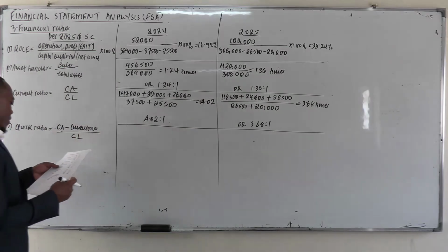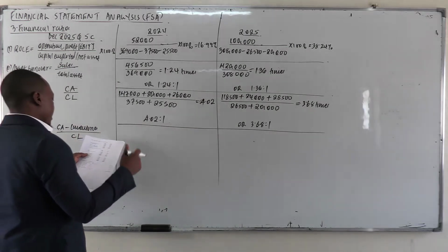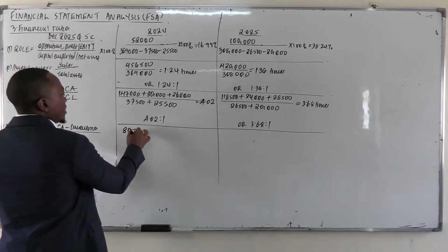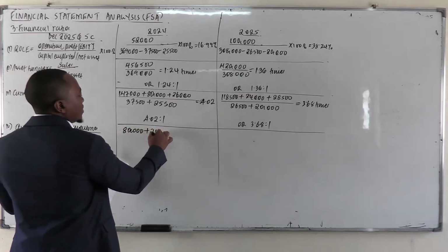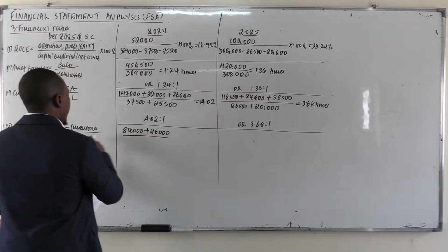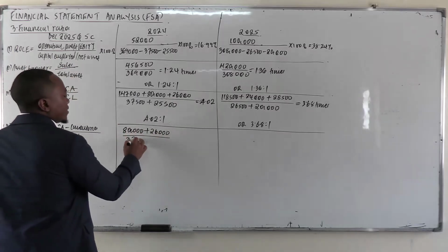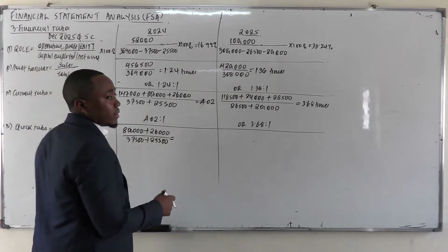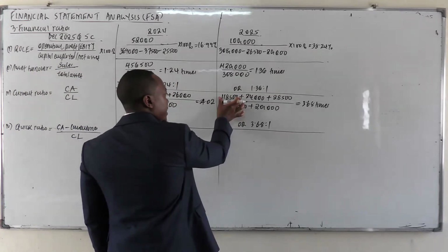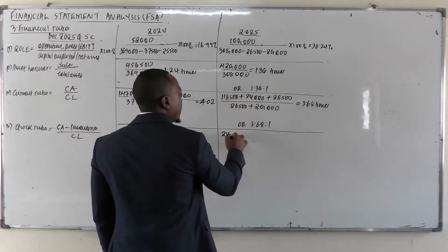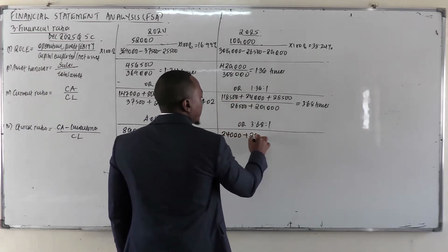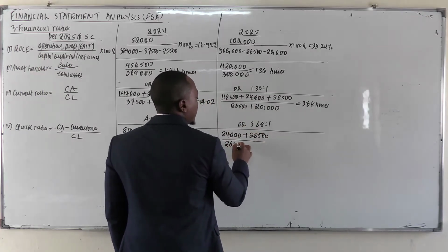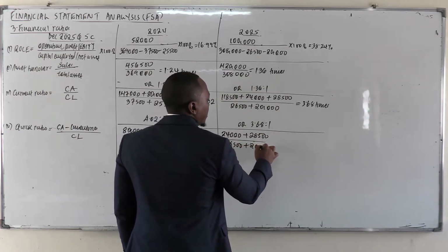You don't factor in the inventory, so you'll be taking only the accounts receivable, which is 80, plus cash, which is 26, over the current liability, 37,500 plus 25,500. Here the same: you don't factor in inventory, so it will be 24 plus 28,500 over the current liability, 26,500 plus 20.